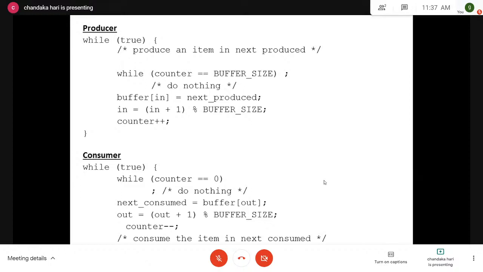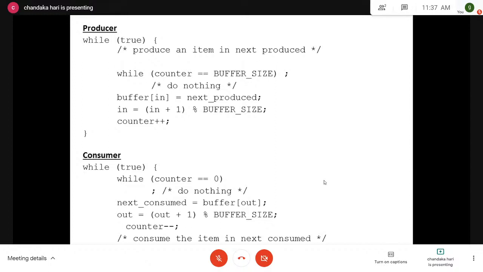In a similar manner, if the consumer wants to consume an item from the buffer, first of all you need to see whether there are any items in the buffer or not. If the counter value is equal to 0, that implies there are no items in the buffer. You are not allowed to consume any item, so you need to wait, that is, do nothing. In case the counter is not equal to 0, you enter this line.